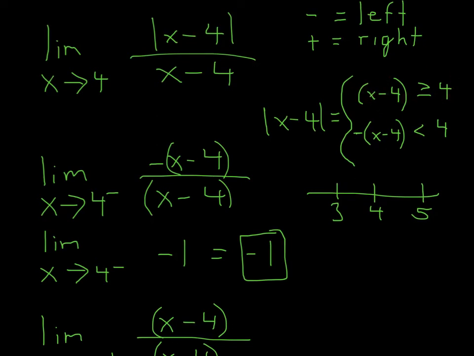So what about numbers less than 4? If we have a number less than 4, let's say 3, we plug in 3 here. 3 minus 4 is negative 1, but the absolute value takes care of it. But here, if I didn't have this minus sign, 3 minus 4 is negative 1.